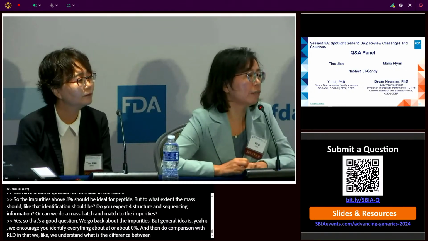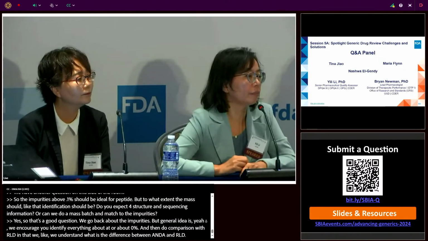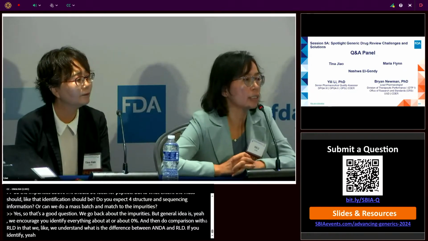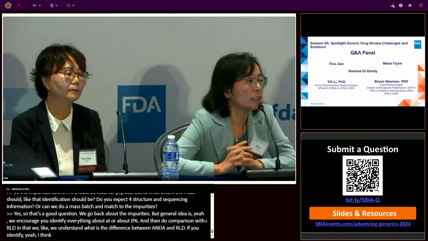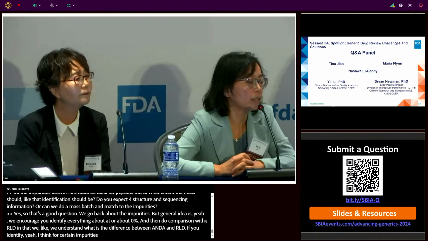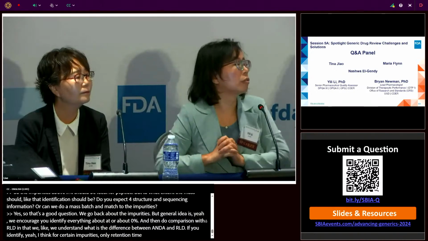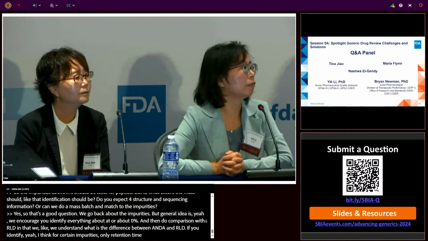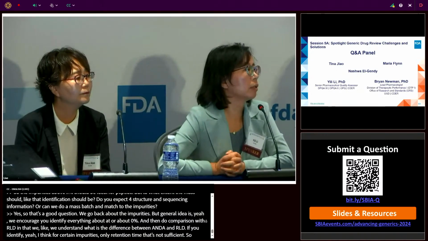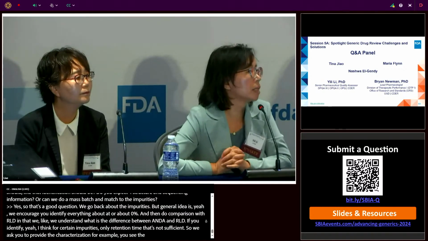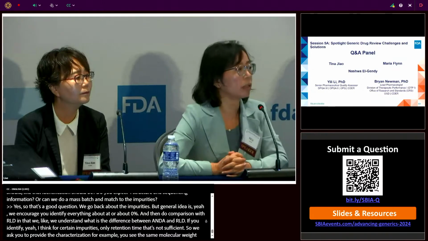If you identify... I think for certain impurities, only retention time, saying it's the same as the RLD impurity, is not sufficient. So we usually ask you to provide further characterization. For example, you say the same molecular weight or MS fragmentation as the RLD.